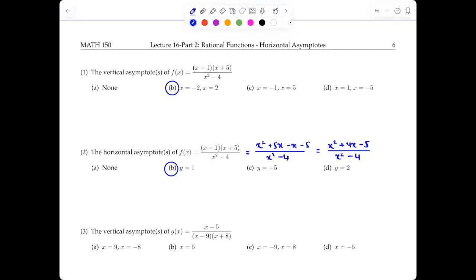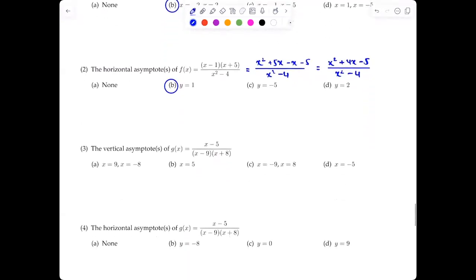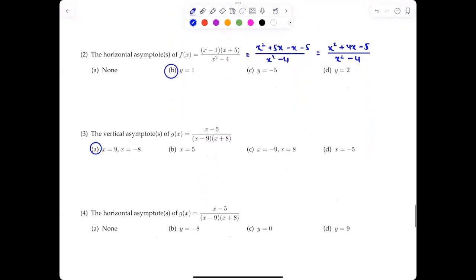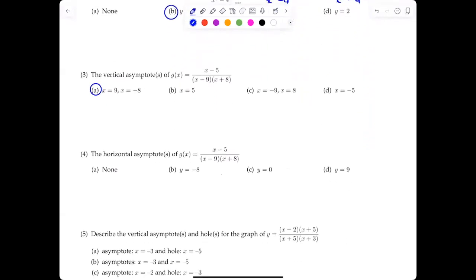Good. Now for 3. A. Right. So the vertical asymptotes are x equal to 9, x equal to -8. All right, number 4. What is the horizontal asymptote here?